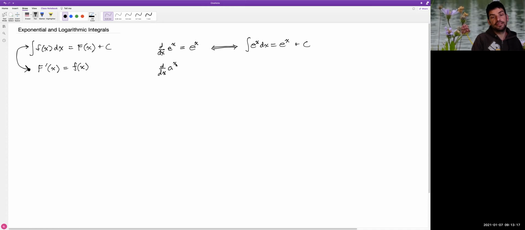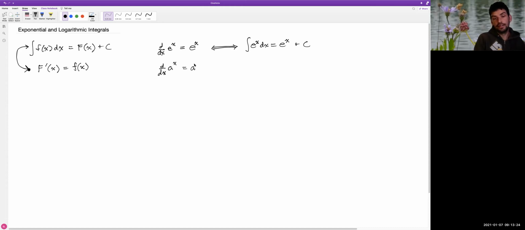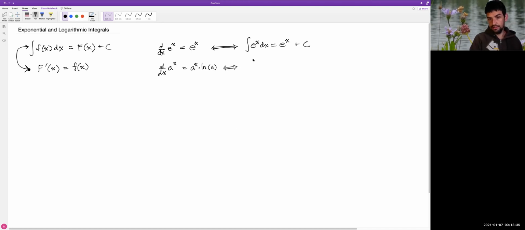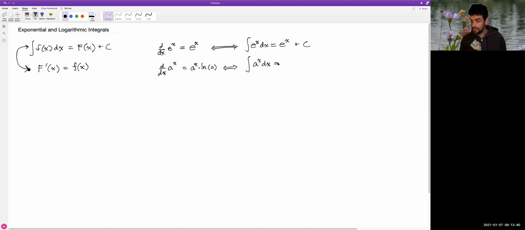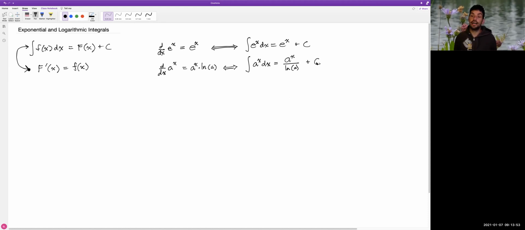And we can generalize this a little bit more. If we have a base for the exponential that's not e, then we get the exponential itself again, except we have this constant attached to it, okay? And so with this in mind, we create the antiderivative for the more general exponential, and we get itself again, but we have to account for that constant, right?